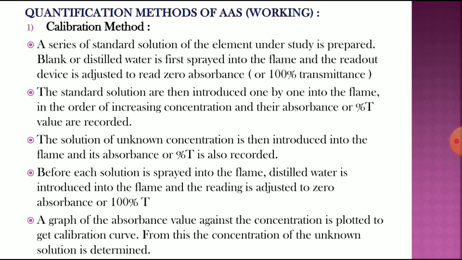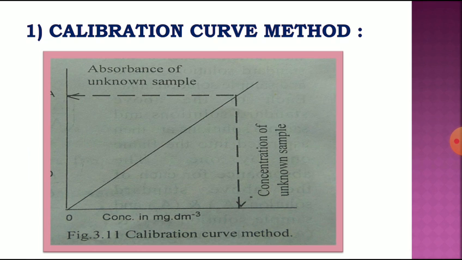We will get the readings, and using those readings we plot the graph of absorbance value against concentration. See that graph. This is the graph of the calibration curve method. On the y-axis there is the absorbance, and on the x-axis there is the concentration in milligram per dm cube, or you can say in ppm.